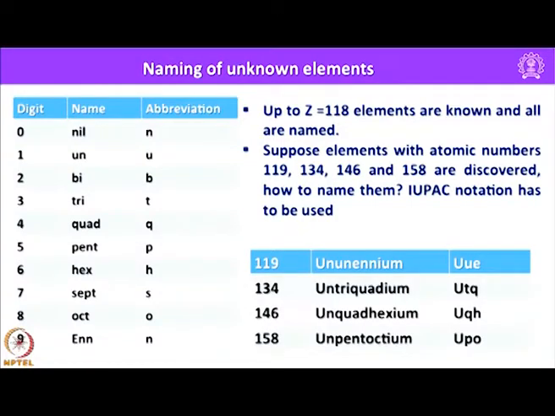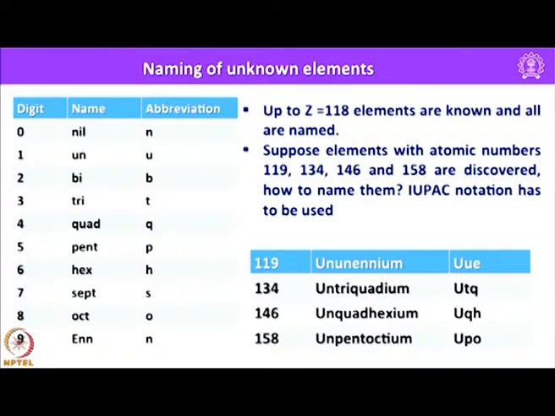What we should do is, for example, for 119 I have shown there, the first digit one you take un, the second one you take un, and the last one should end with ium. So 119 can be called ununennium, and the abbreviation will be the first letter of all the three, so Uue.